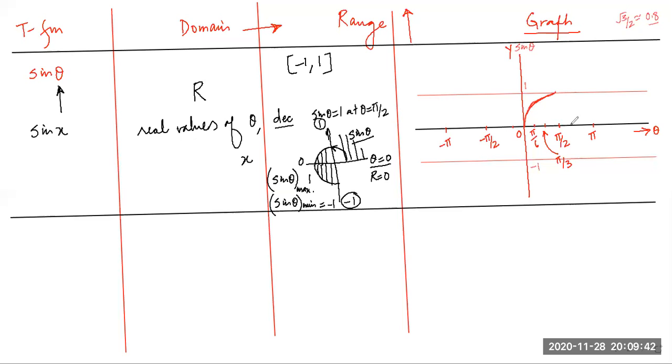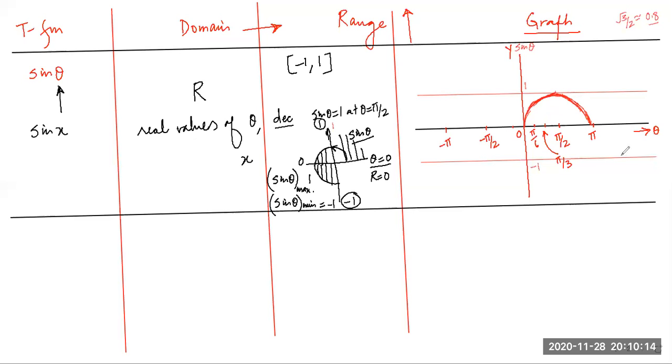Sine pi by 2 is 1, sine pi is 0. Am I right? So here it will be 0. So again it will be a curve here. It will be a curve here also. Right. Great.